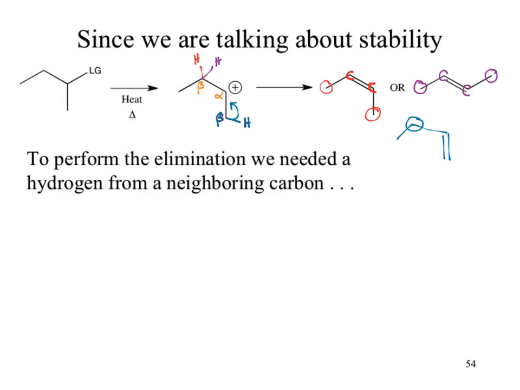Well, what did I put in the circles? Non-hydrogen things like carbon. And what does carbon have? Electrons. So for the pi bond to leave, it has to get around electrons. In the blue structure, it's only getting around one source of electrons. In the red and the purple, it has to get around two sources of electrons.